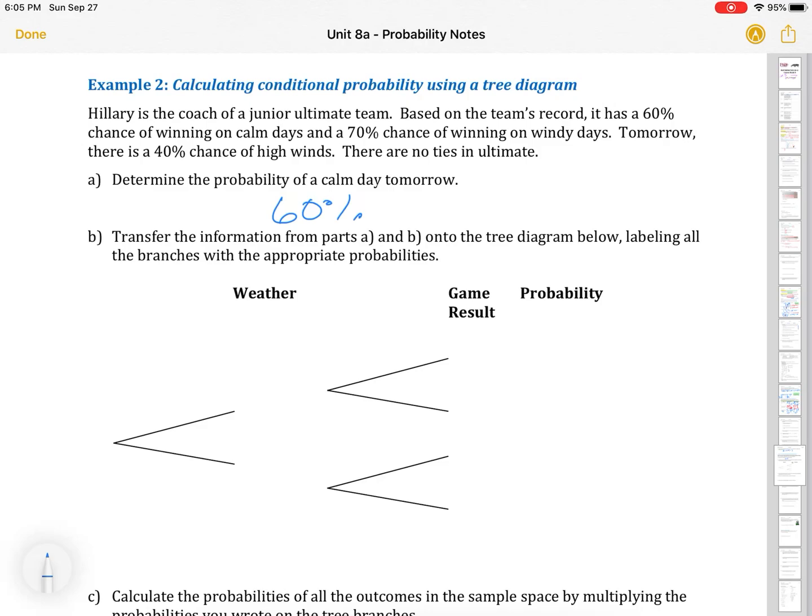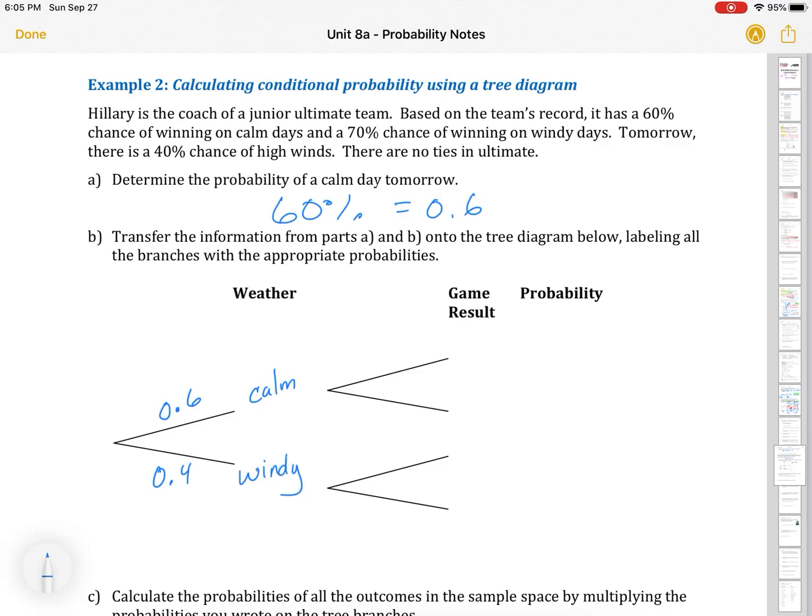So we're going to transfer this information from parts A and B onto the tree diagram, labeling all the branches with the appropriate probabilities. First we're starting with the weather. There is 0.6, right? That's the decimal form of it being calm, and 0.4 of it being windy.